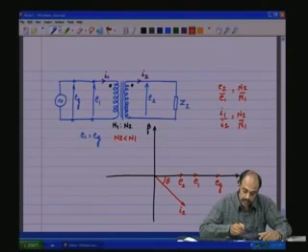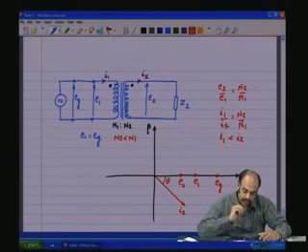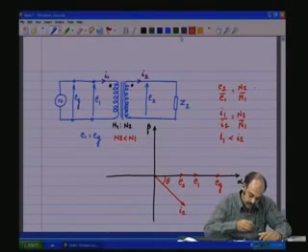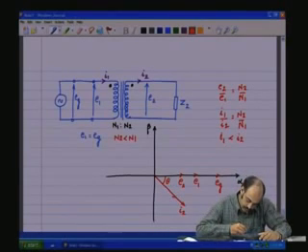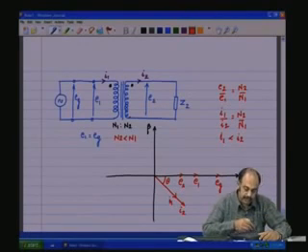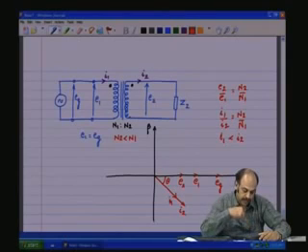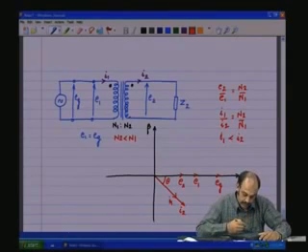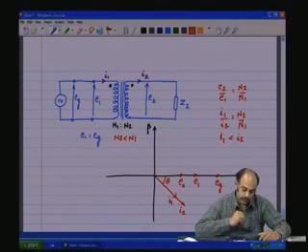So N2 by N1 is less, and therefore I1 will be less than I2, whatever the value of I2. So I1 will be less than I2 in this case. E2 will be less than E1 in this case. So which means we will have I1 here, because by dot polarity I1 and I2 will be in phase, because E1 and E2 are in phase. So I1 will have a vector in phase with I2.